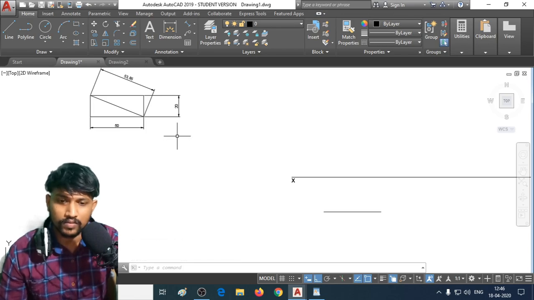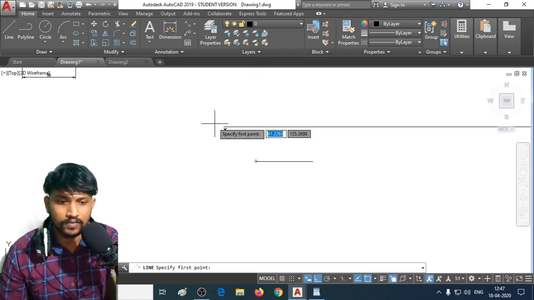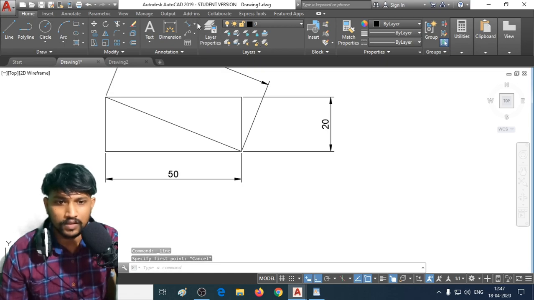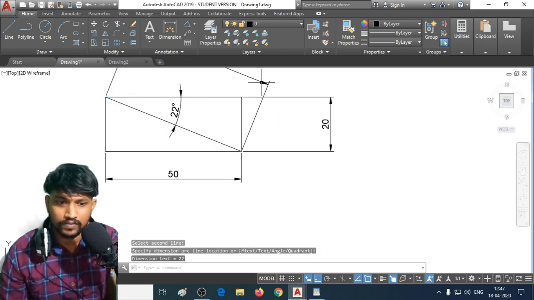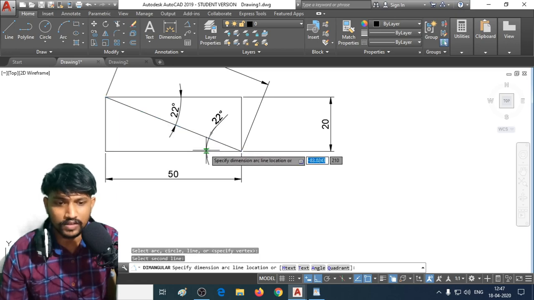So now what am I supposed to do? This diagonal length and this diagonal length both remain the same. To measure the angle also, let us measure the angle. It remains the same. Here also the angle will remain the same. If this angle is 22, this angle will also become 22, obviously.